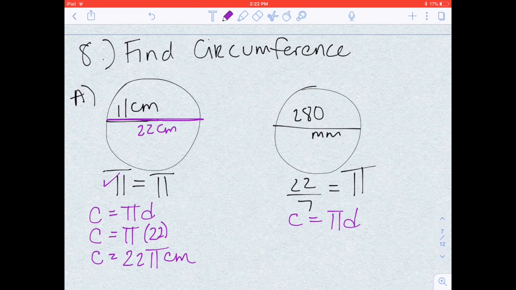That's letter A. So letter B, I already have my diameter. It tells me it's 280. So the circumference equals 22 over 7. And then my diameter is 280. I use 22 over 7 because it tells me to with my pi.